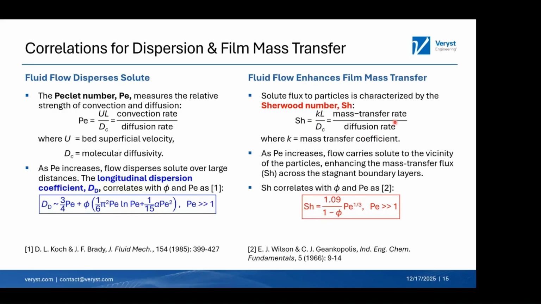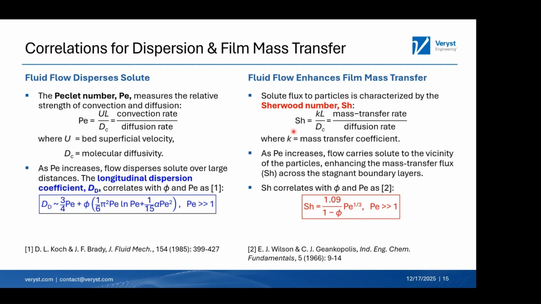You also have to quantify how the mass transfer rate of molecules dispersed in the fluid to particles depends on flow. For that, the relevant quantity to calculate is the mass transfer coefficient, or in dimensionless terms, a Sherwood number. This is the mass transfer rate divided by the diffusion rate. For strong flows, mass transfer is substantially enhanced above the transfer rate that would be supplied by diffusion alone.